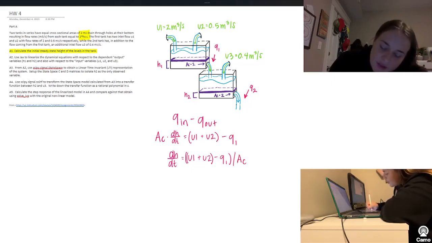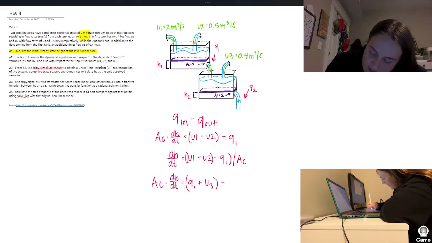And then our next equation we have is AC times dH over dt equals Q1 plus U3 minus Q2.